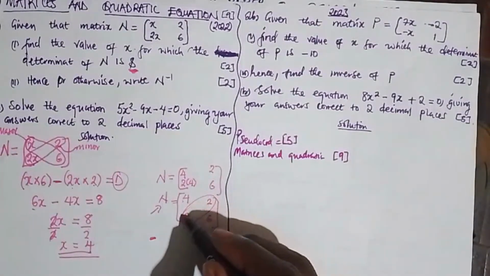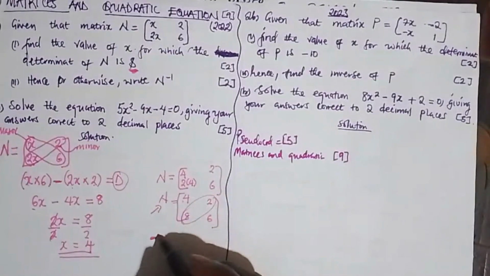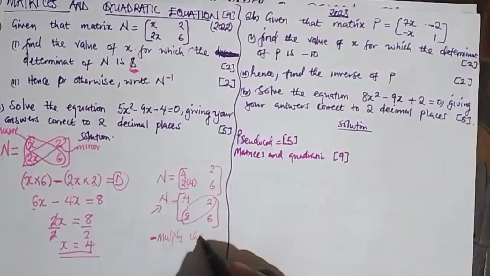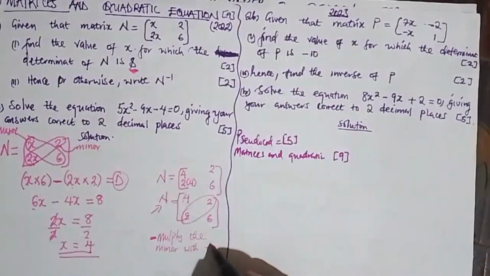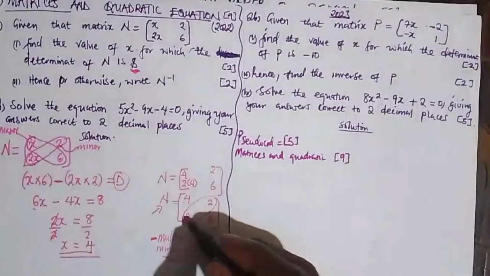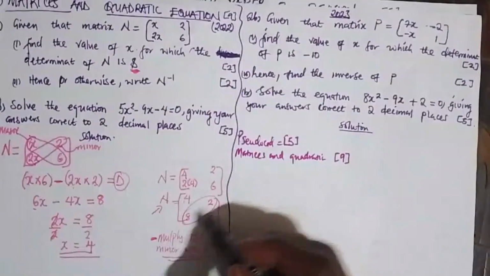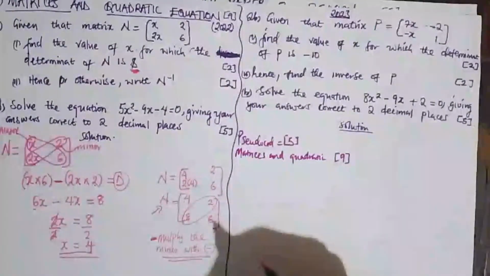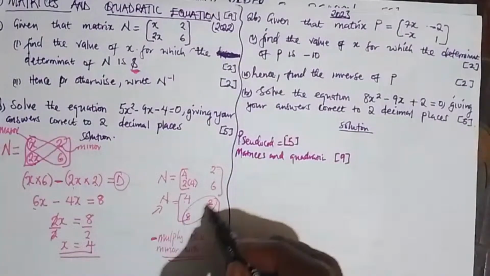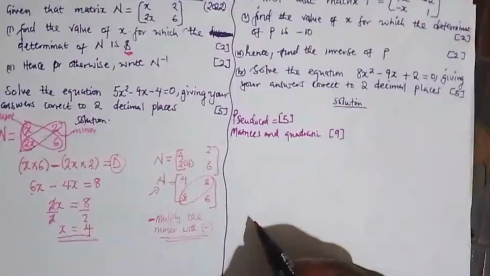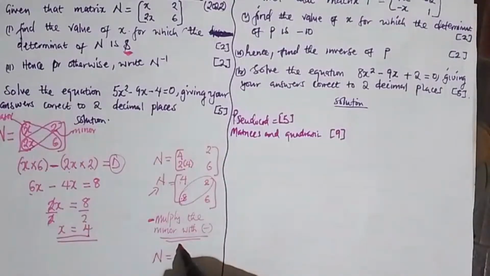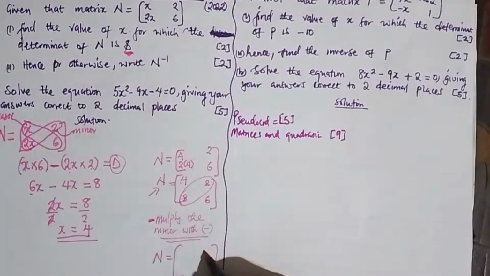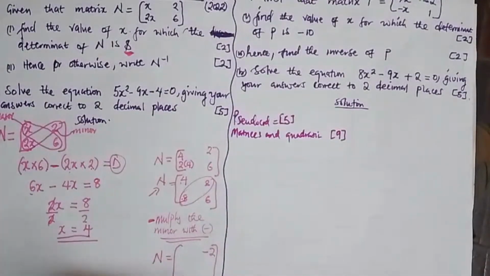You multiply the minor diagonal with a negative sign. So this is the minor diagonal, and you are going to multiply it with a negative sign. If you multiply this minor diagonal with a negative sign, we are going to have negative 2 and negative 8.